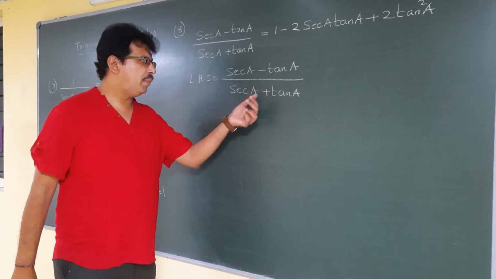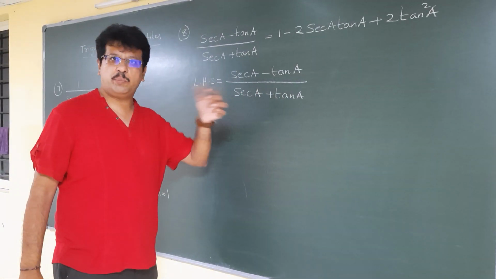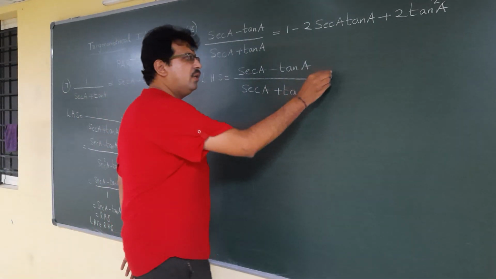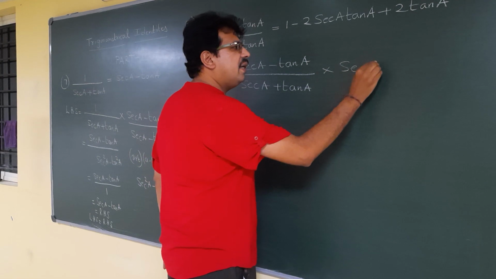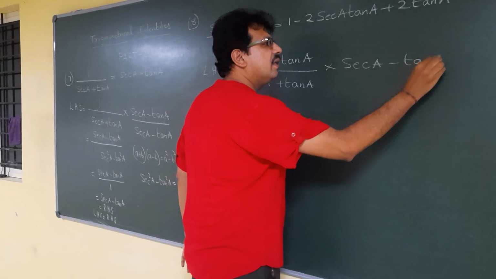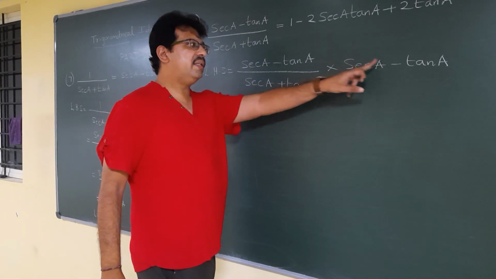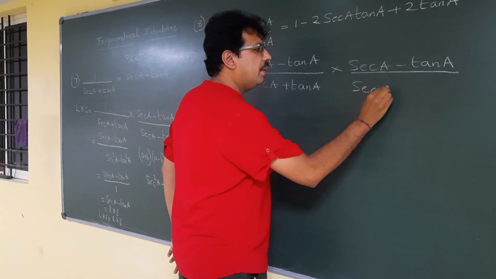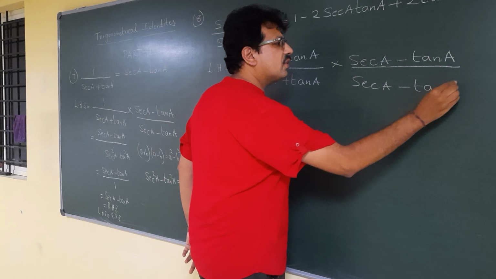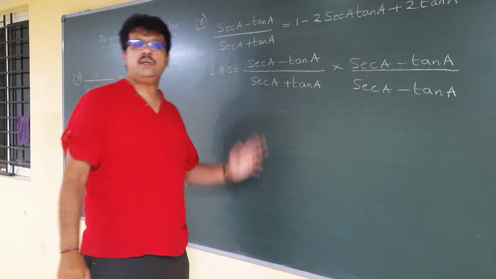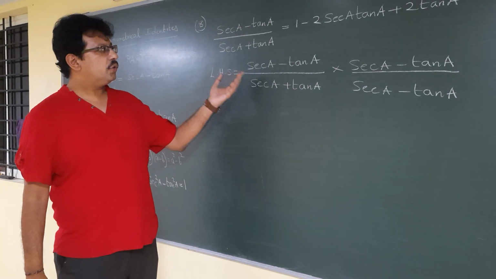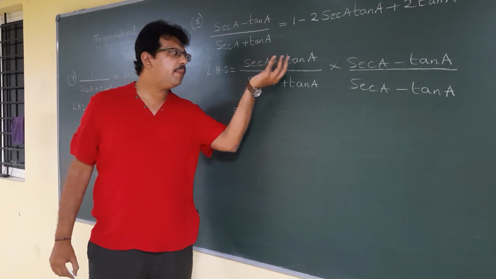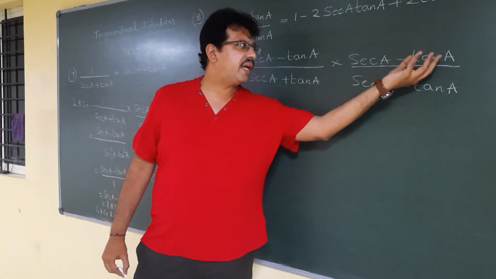Again rationalizing the denominator. As I explained in the previous problem, if it's a plus sign, we have to multiply the numerator and denominator by secant a minus tan a. That is called rationalizing the denominator. Please observe the numerator part very carefully: secant a minus tan a, secant a minus tan a.